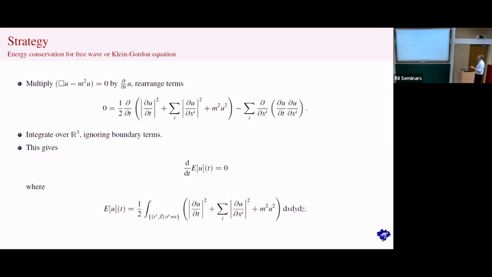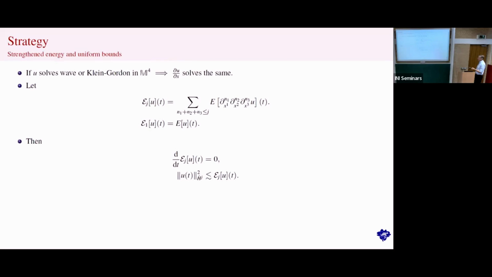So just to remind you, when you analyze wave equations like Klein-Gordon, what you end up using are energy methods. From the field equation, you can get the conservation law, and this gives you an energy that's conserved of this form. And so you start using this and you commute through the equation with derivatives, and then you get higher order energies that you then try to control, and you try to show that these fall off as time goes on.